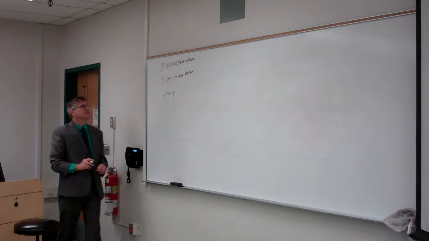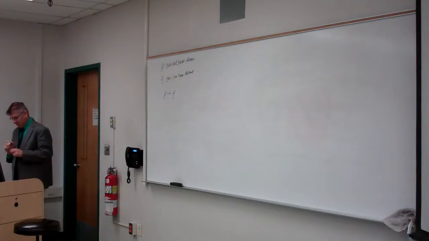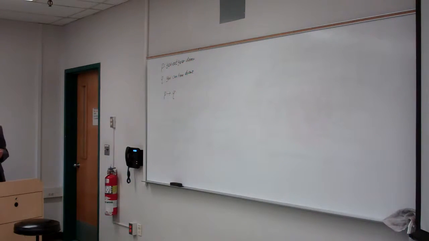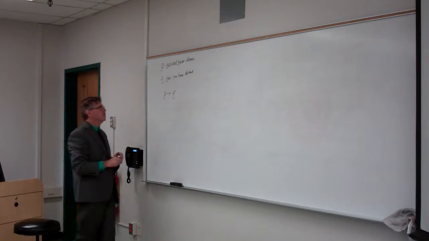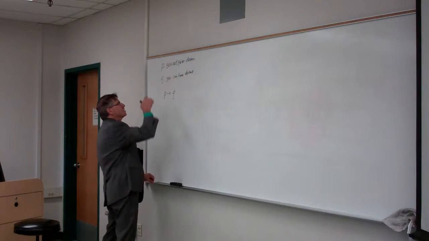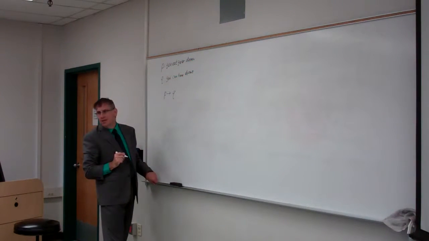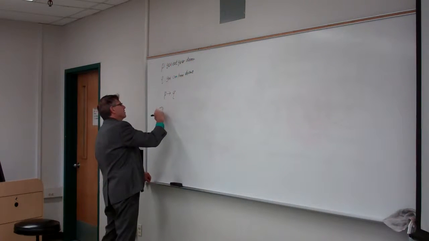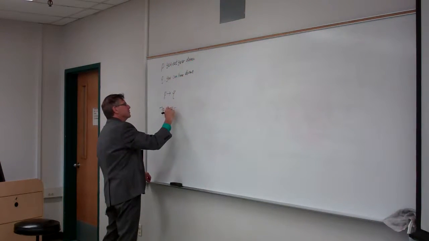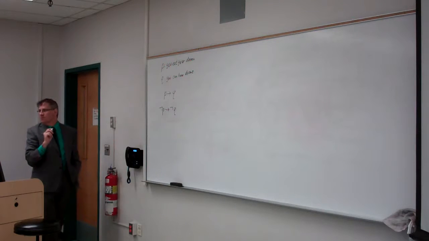So this statement says, if you eat your dinner, then you can have dessert. What we really mean is, if you eat your dinner, you can have dessert, and if you don't eat your dinner, you cannot have dessert.